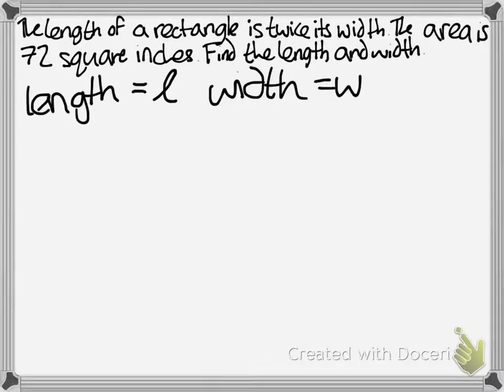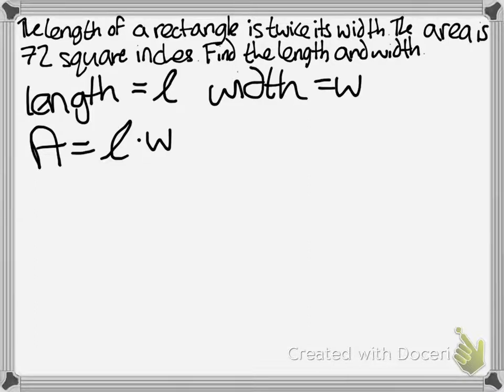Now, I'm going to think back to my geometry class, my freshman year of high school, and what I learned about rectangles. I remember that area is equal to length times width. Area of a rectangle, that's something you should know. Area of a triangle, that's something you should know.